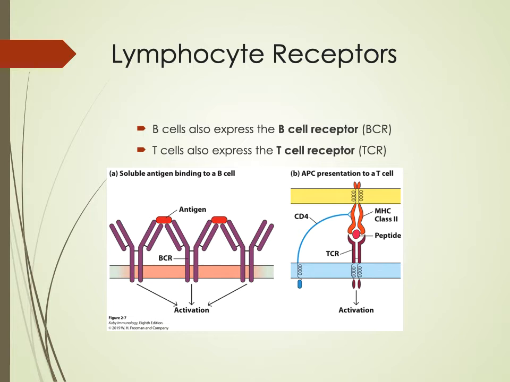This is class 2, so class 2 is a dimer. It has 2 portions. And so with these interactions, if that peptide fits in the peptide groove for the T cell receptor, and we get that engagement of the CD4, we end up getting activation of the T cell so that this T cell will then function.